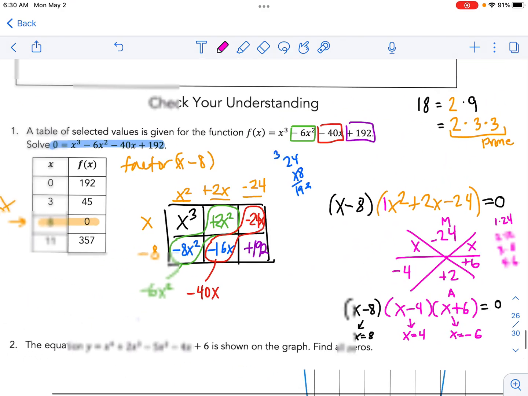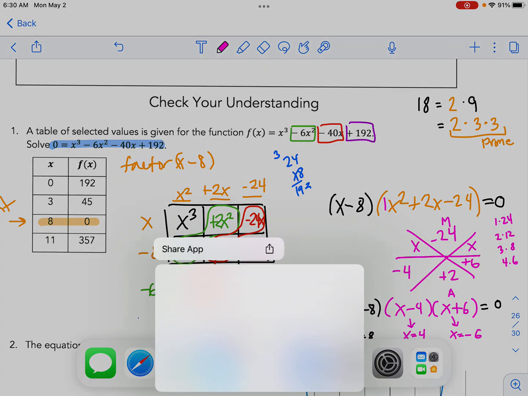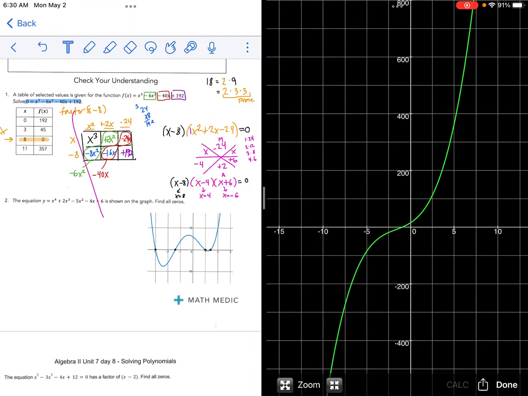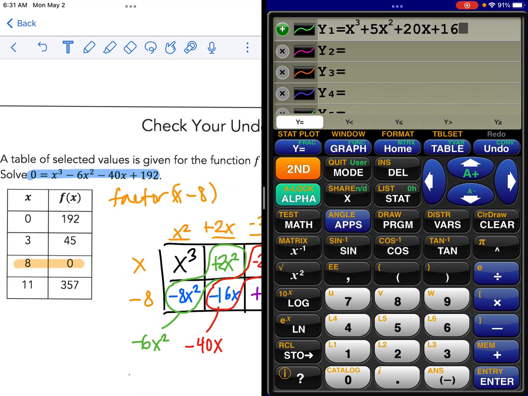If we would graph this polynomial, it would be x cubed minus 6x squared minus 40x plus 192. It's a really tall y-intercept.